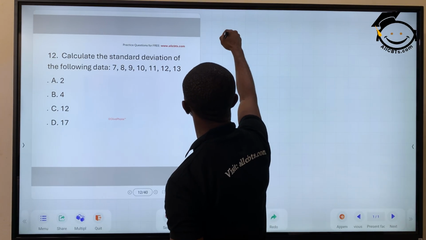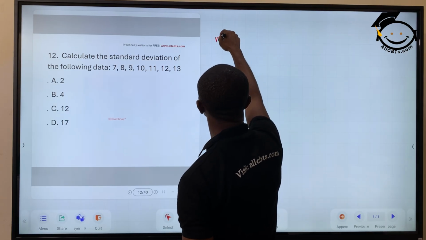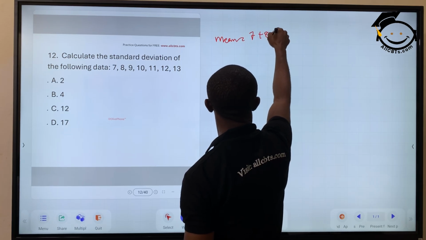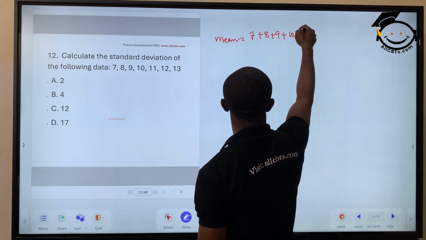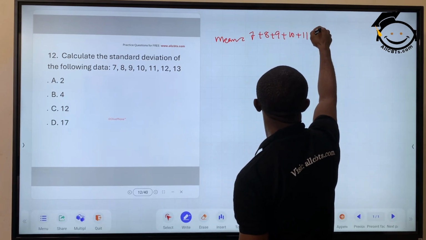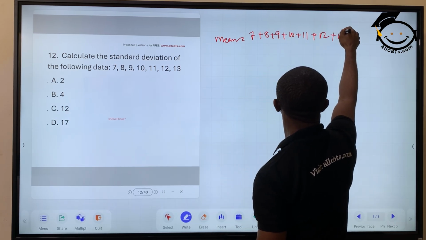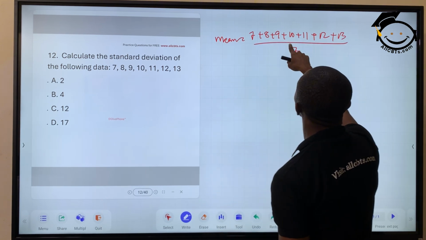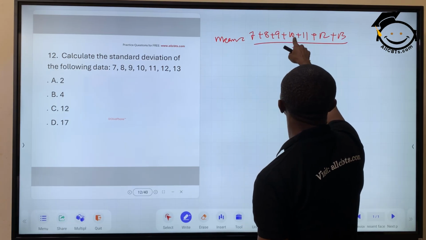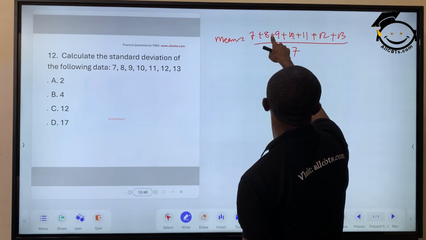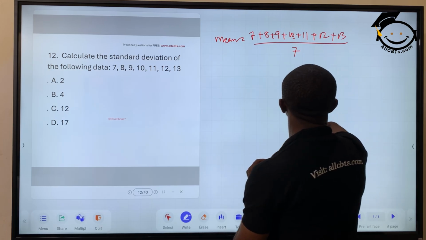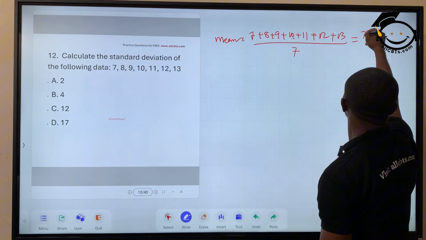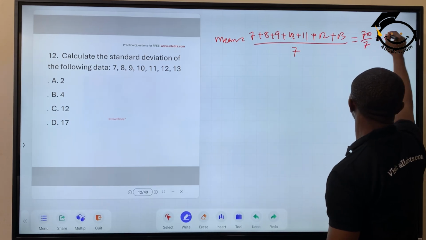So mean equals 7 plus 8 plus 9 plus 10 plus 11 plus 12 plus 13 all over 7. This gives us 70 over 7, which is 10.